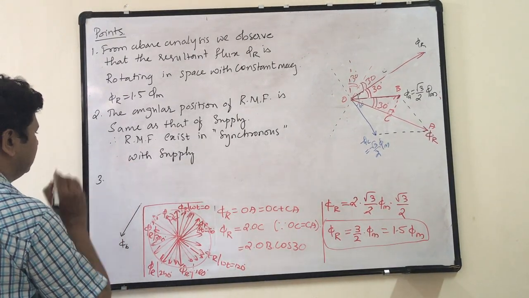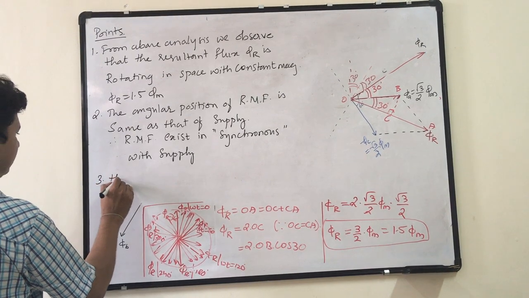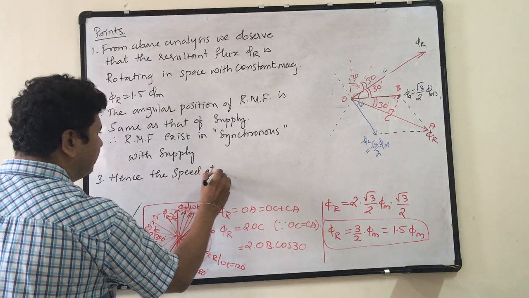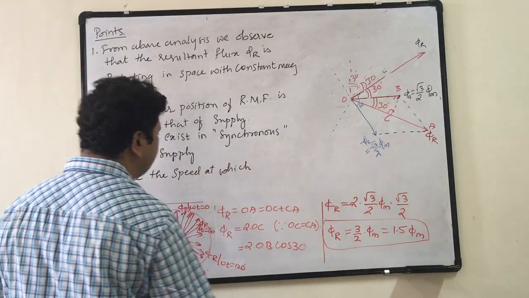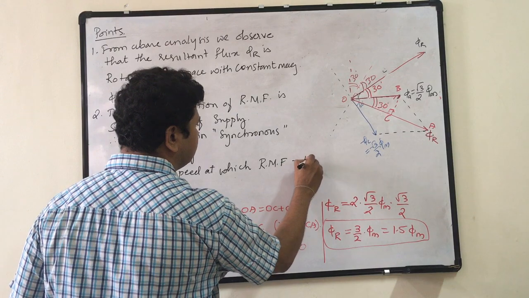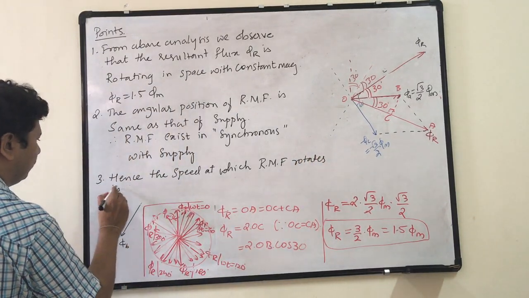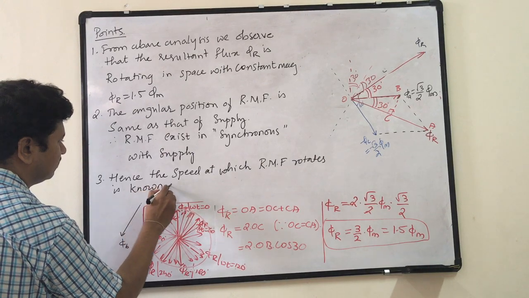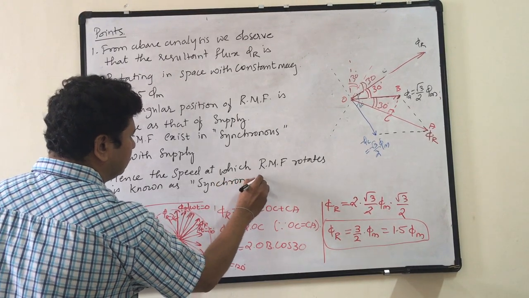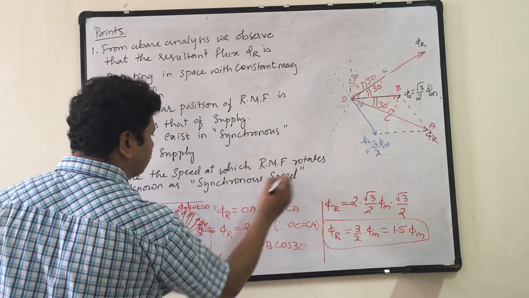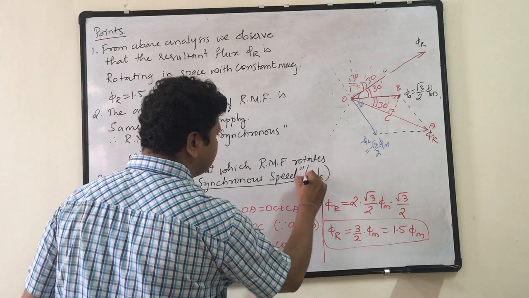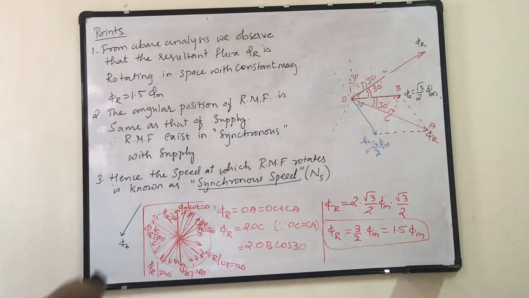Third point, hence, the speed at which the rotating magnetic field rotates is known as synchronous speed and is given by ns. Synchronous speed is known as ns.